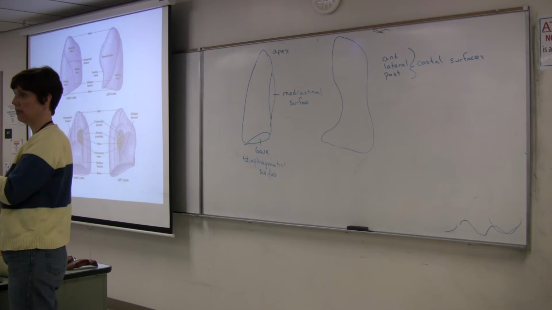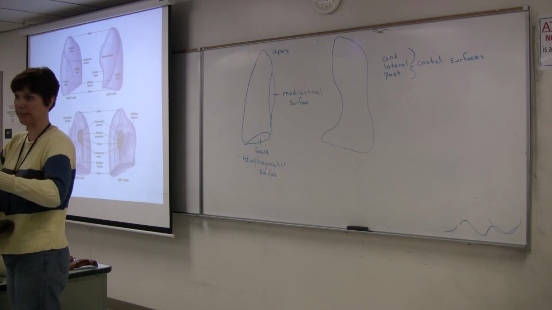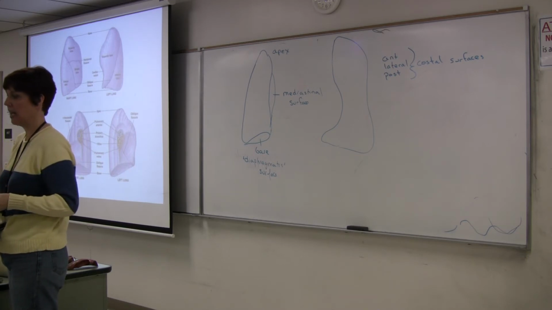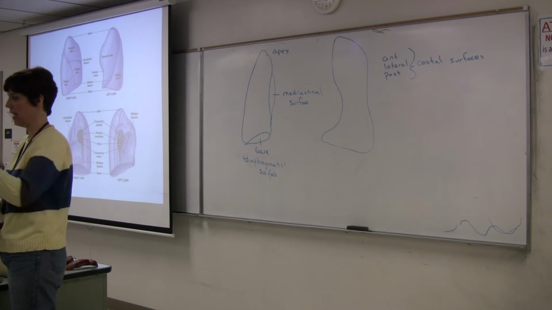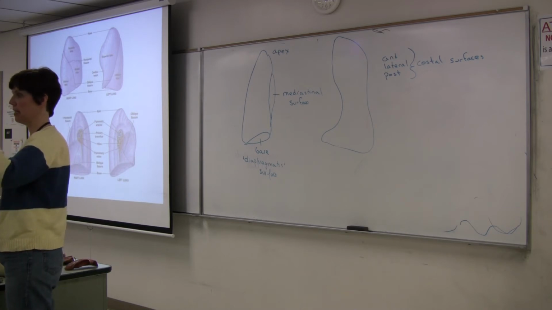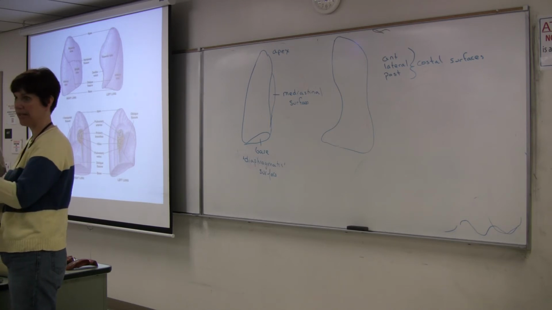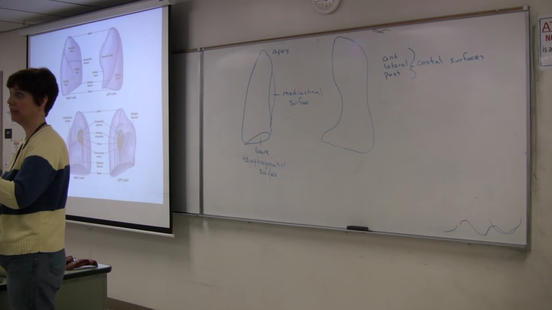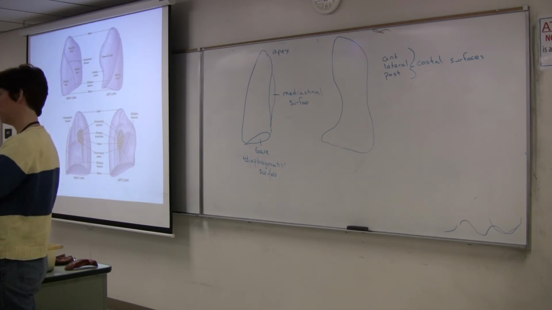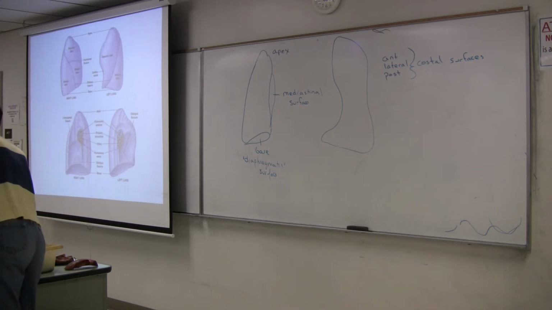So anterior, lateral, and posterior aspects will show those indentations, and those are the costal surfaces. Here would be the apex at the top, the diaphragmatic surface or base, and then the center area would be the mediastinal surface, which includes the hilum, just like a lymph node had a hilum where structures exited and entered.